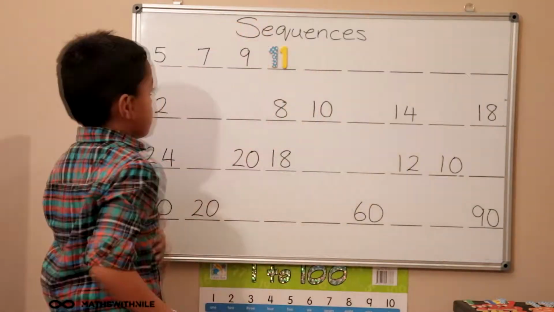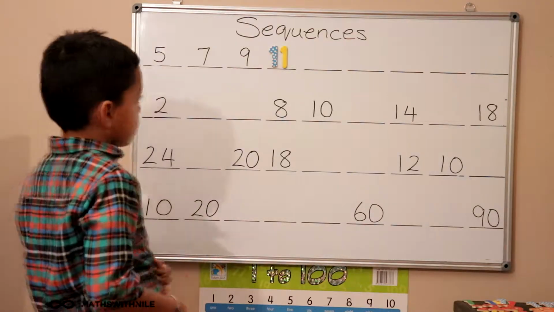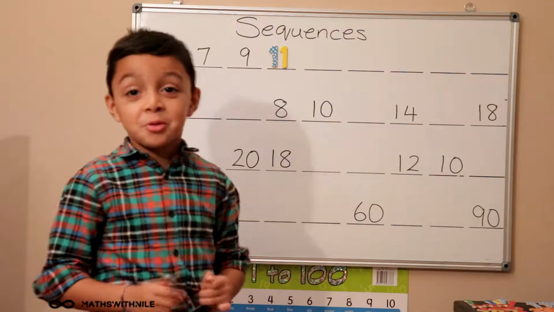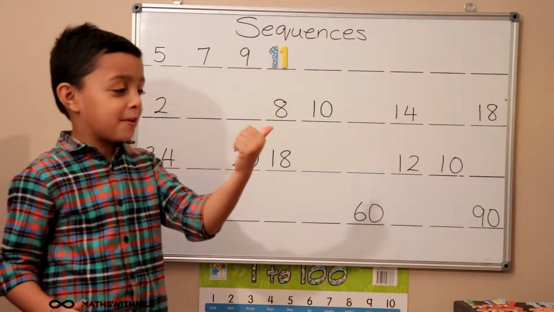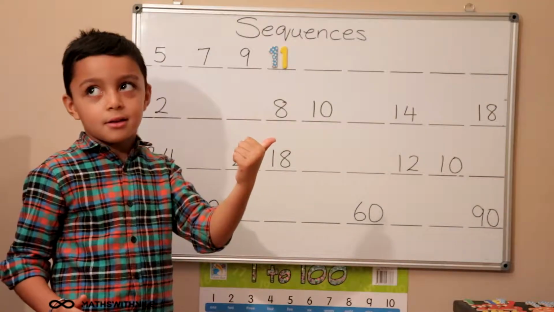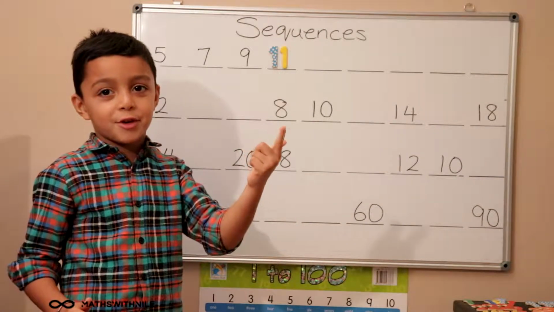Now, what are you going to do to get the next number? We're going to add 2 to 11. Okay, so 11, 12, 13.